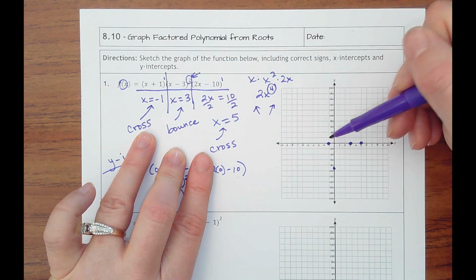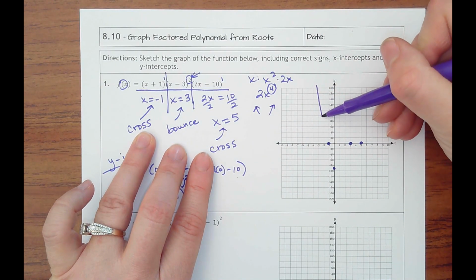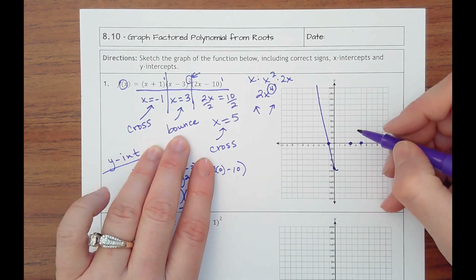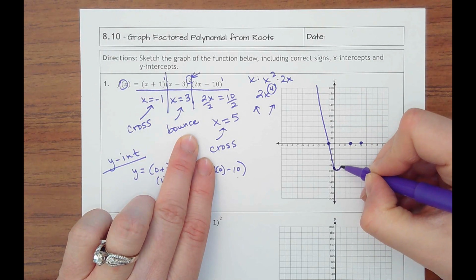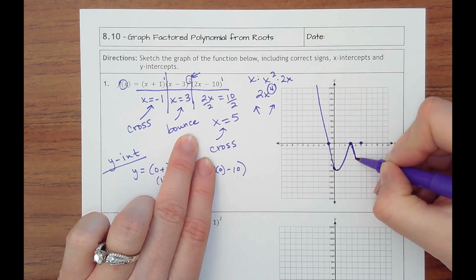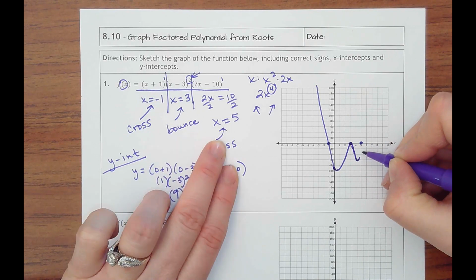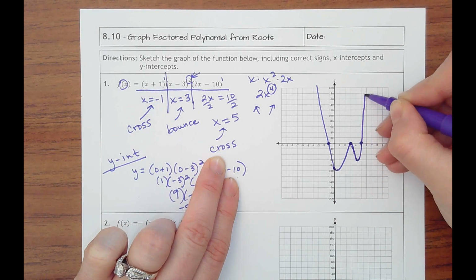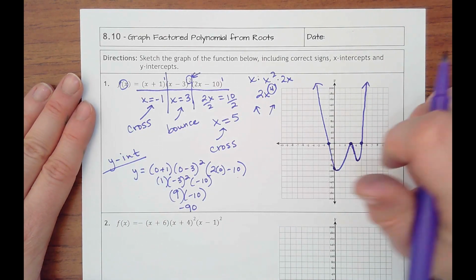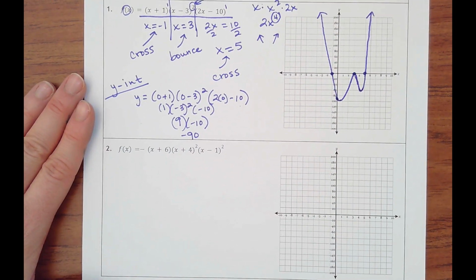Through -1, it's going to cross through. So I'm going to start up, cross, and go through my y-intercept somewhere. Then I'm going to bounce at 3, so touch it and bounce back into the negative y values, turn directions, and then cross through 5 and end up. It kind of makes a W. That's the fastest way to do it.